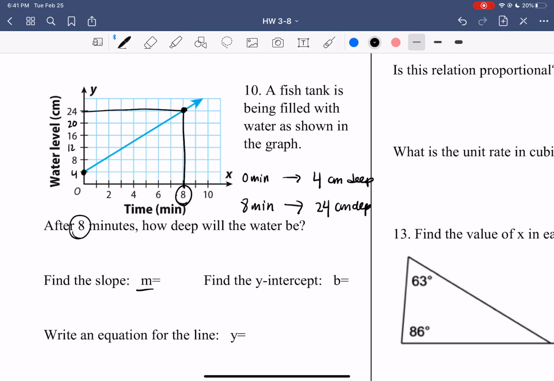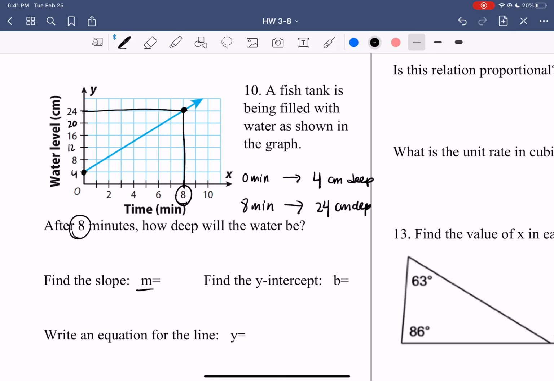So we have a rise of, remembering that they're going by 4, so it's 4, 8, 12, 16, 20. So my rise is 20.